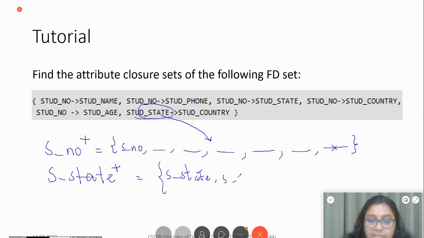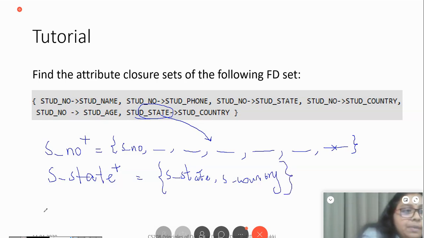So student country. That's it, isn't it? We don't have any further FD which has student country on the left hand side. So that's it. I hope finding the attribute closure set is clear to you now. So yeah, this is our solution. Okay, fine.